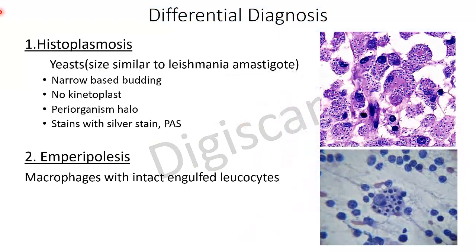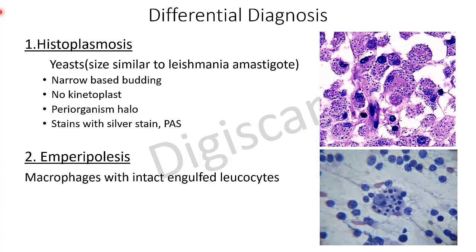When we come to the differential diagnosis of leishmaniasis, we need to keep two things in mind. One is histoplasmosis and the other is emperipolysis. Now, histoplasmosis often causes confusion with leishmaniasis because the yeast forms are often of a similar size to the Leishmania amastigote.